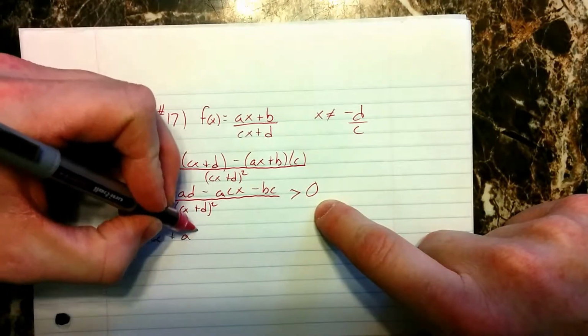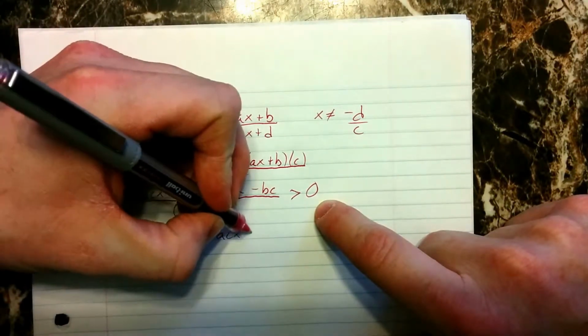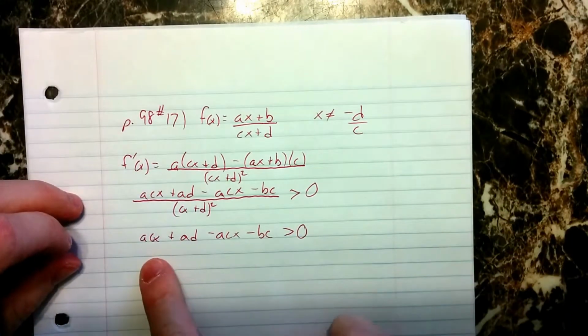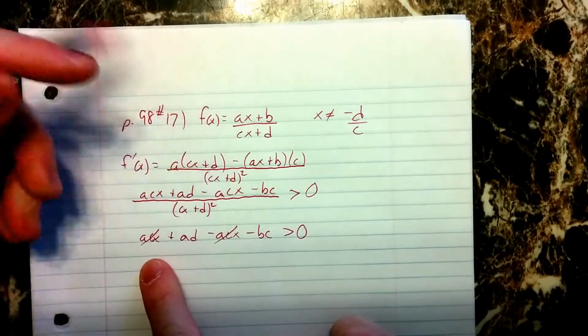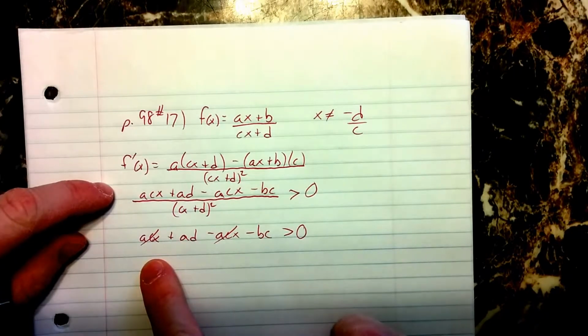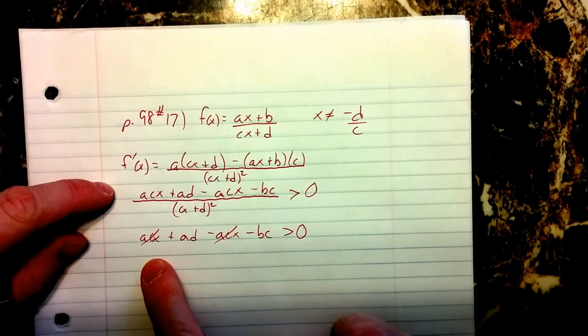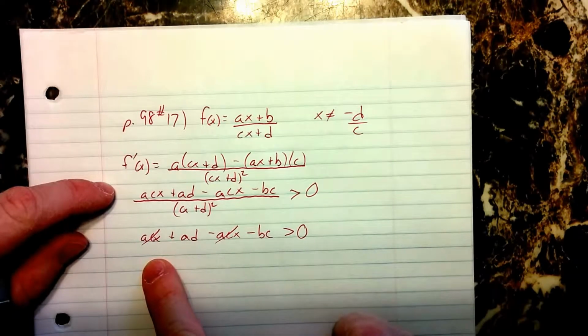acx plus ad minus acx minus bc. Now that's going to be positive. So when we look here, we've got an acx minus an acx, so it doesn't really matter what the values of a and c are. acx minus acx gives us no more x. That's gone.